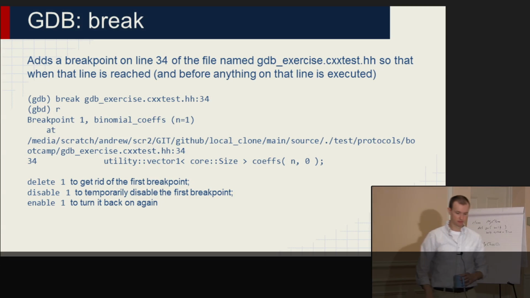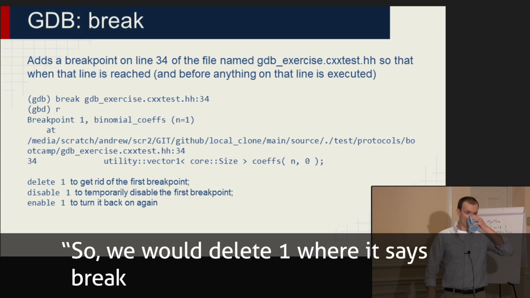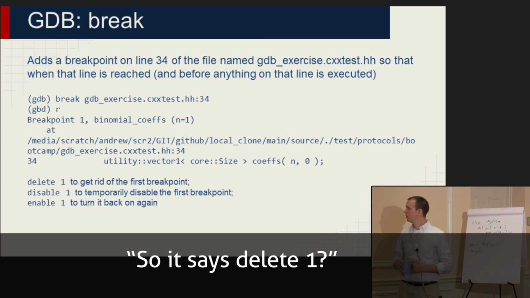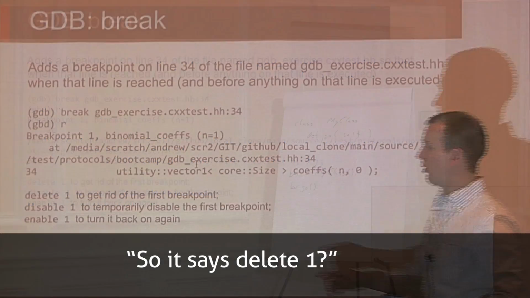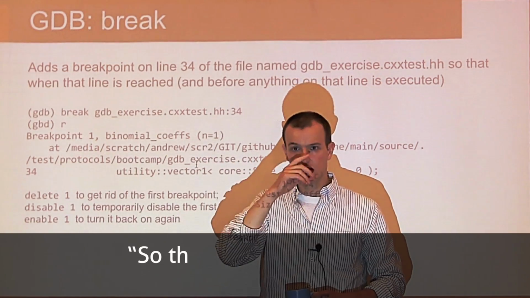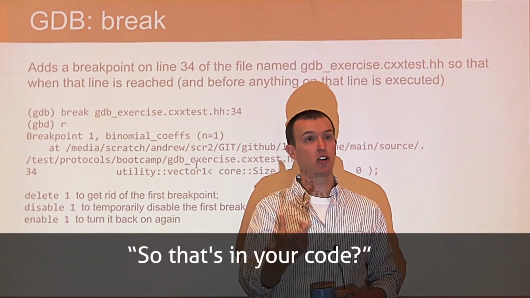Yeah, Amanda? So we would delete one where it says breakpoint 1 binomial coefficients 7 plus 1. So it says delete 1. Yeah, so the 1 is in reference to which breakpoint I've added. So that's in your code? No, it's in my GDB session.